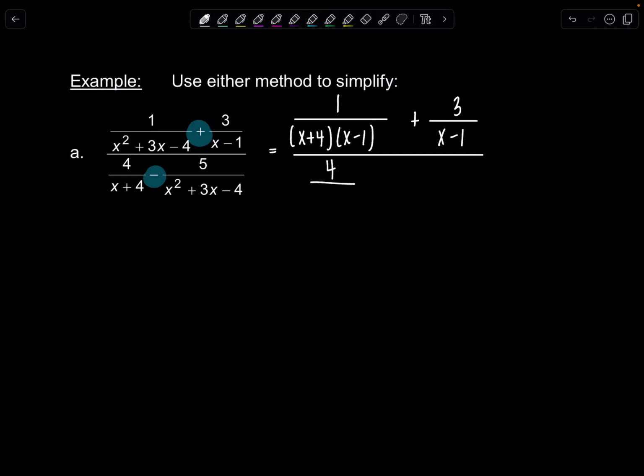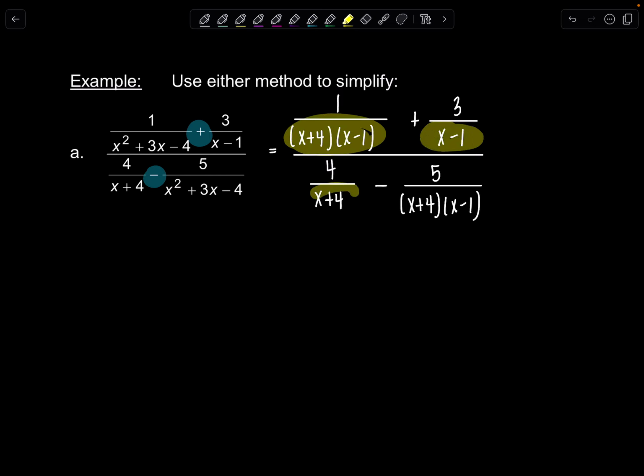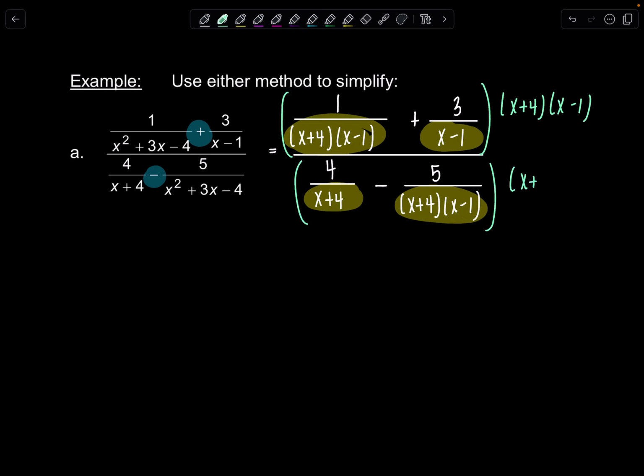Then we have 4 over x plus 4 minus 5 over x plus 4 times x minus 1. So I have 4 minor denominators: 1, 2, 3, 4. So the LCD is going to be x plus 4 times x minus 1.